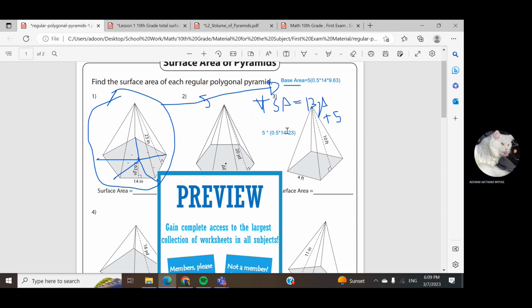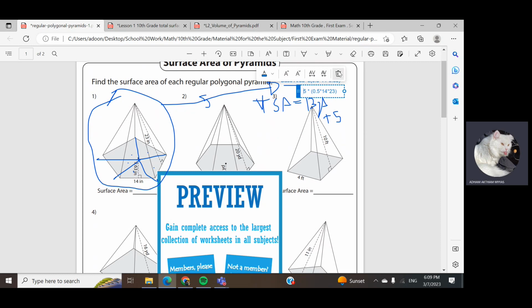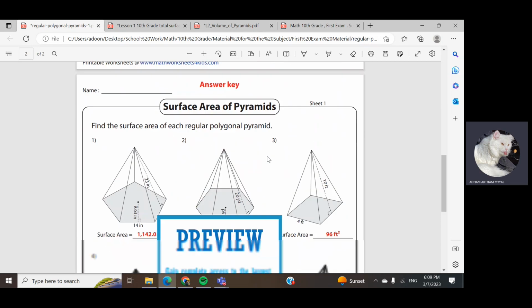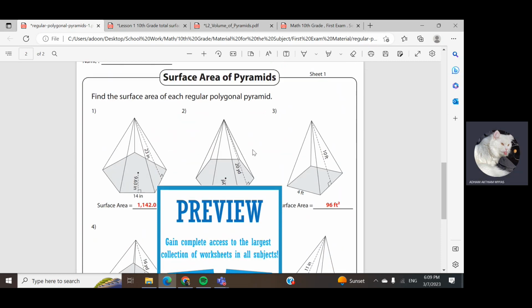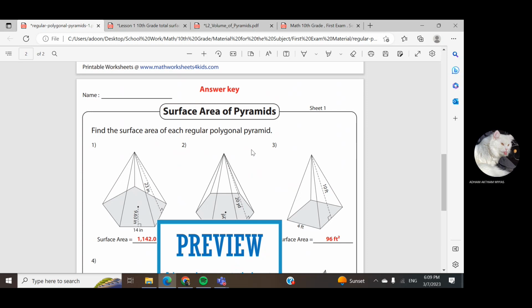Now we can see that if we sum the total surface area, the base area and the other faces, we can get the answer as 1142 inch squared.